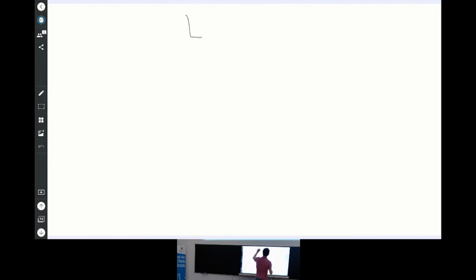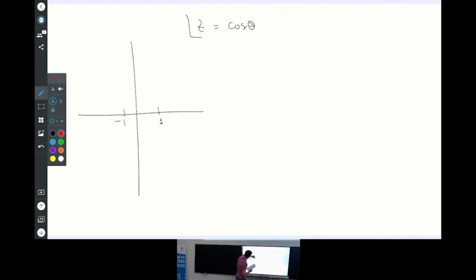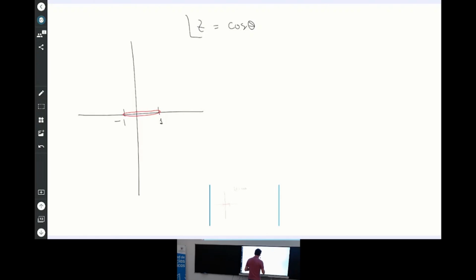In the familiar z plane, where z is cos theta, you have minus 1, 1. You take a region which is just like this, a pancake. You can take some region of finite angles. This is your first circle.